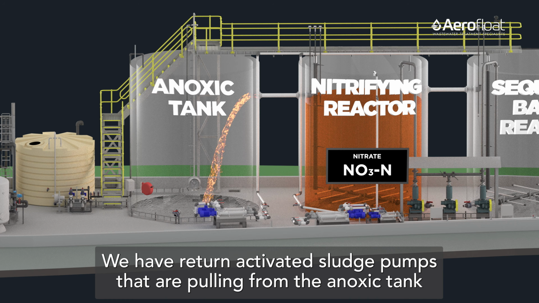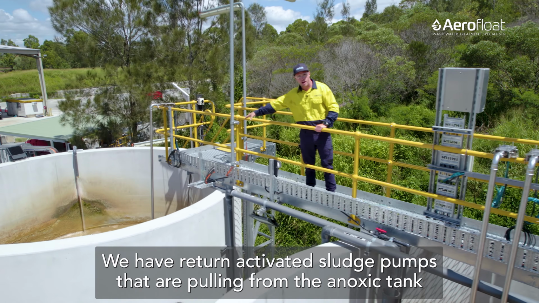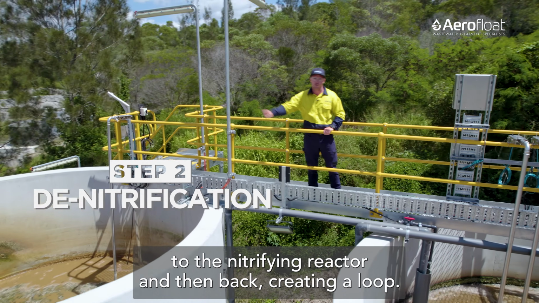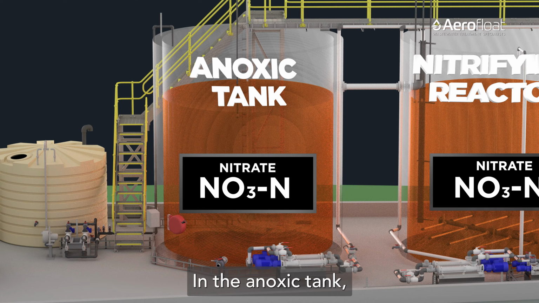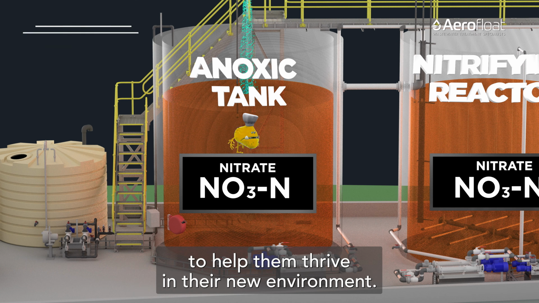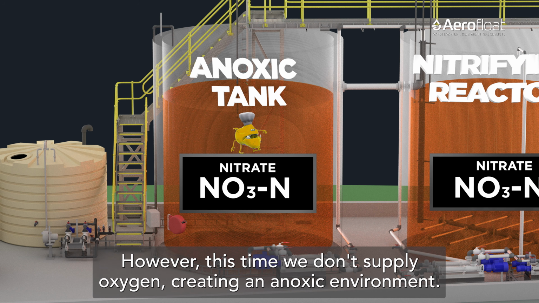We have return-activated sludge pumps that are pulling from the anoxic tank to the nitrifying reactor and then back, creating a loop. In the anoxic tank, we introduce sucrose, or sugar, to fuel the bugs to help them thrive in their new environment. However, this time, we don't supply oxygen, creating an anoxic environment.